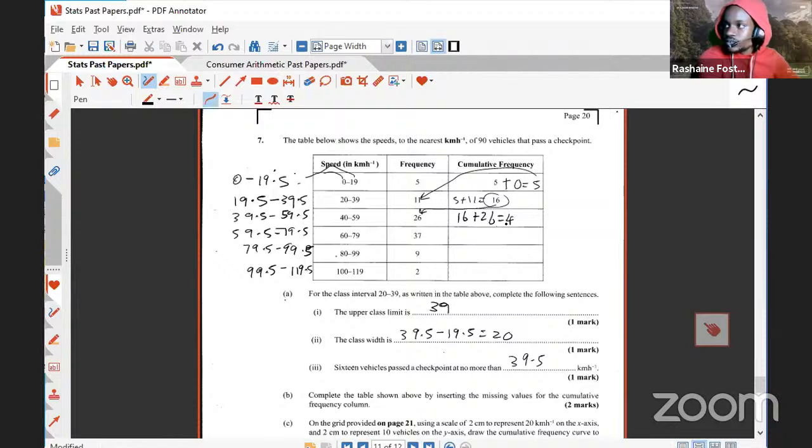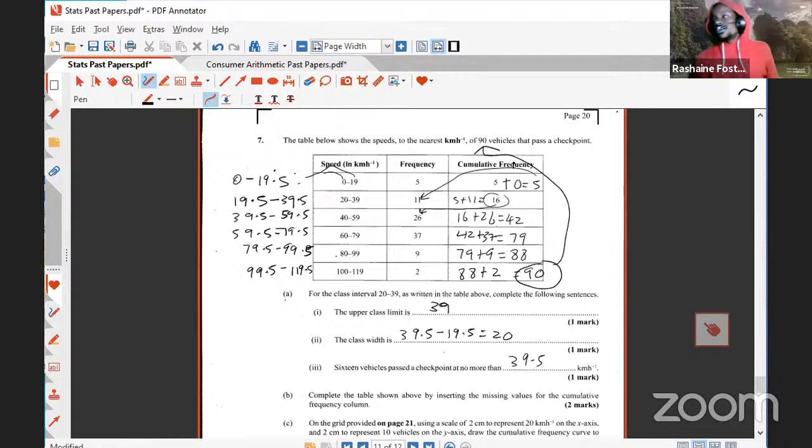That's 42. I start with the 42, add it to the 37. That is 79. I start with the 79, add it to the 9. 88. Start with the 88, add it to the 2. 90. And I need you to realize that these two numbers are exactly the same.